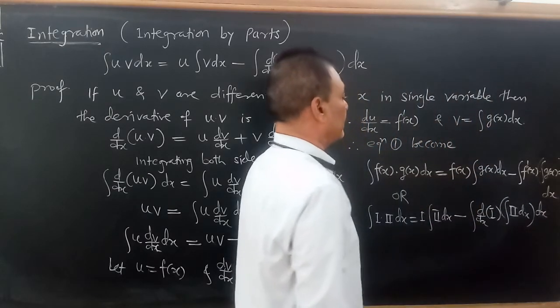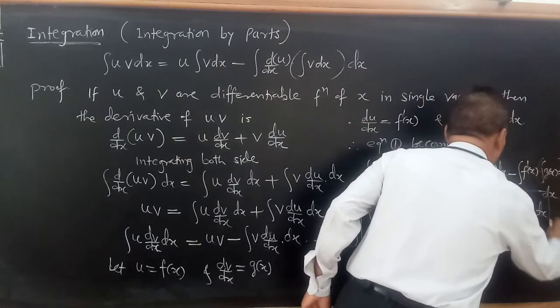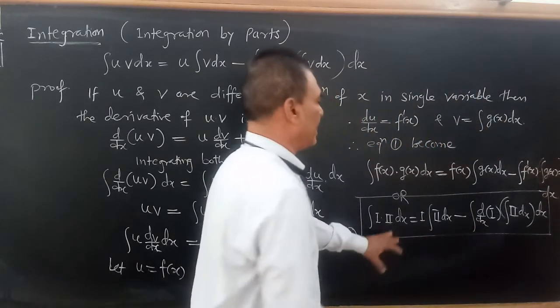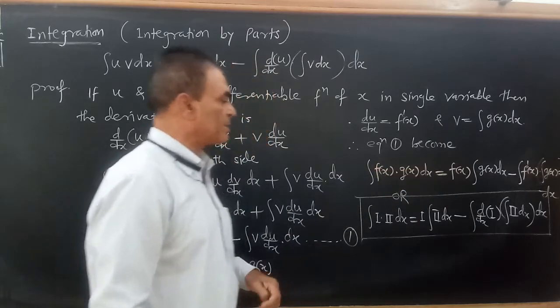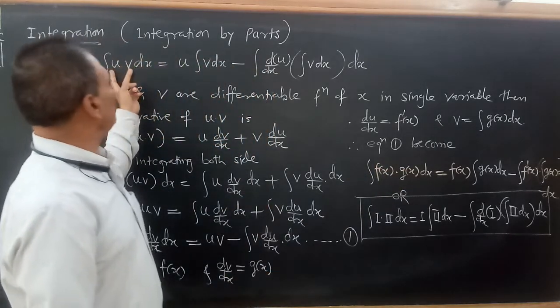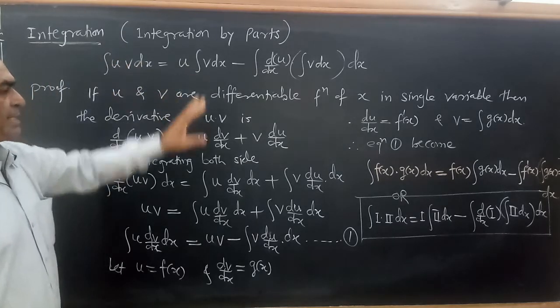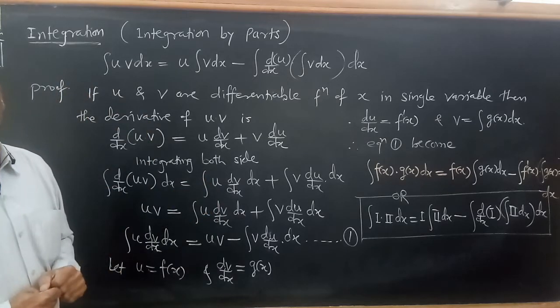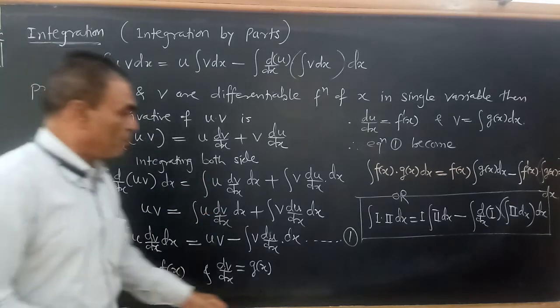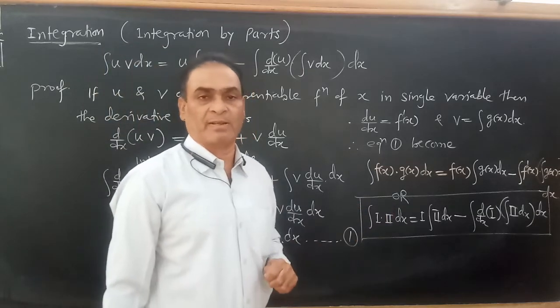Okay, this is the integration by parts rule. You can remember it by using first and second function, or by using f of x into g of x, or by using u into v dx also. Okay, this is the proof of integration by parts. Okay, but how to select the first and second function?